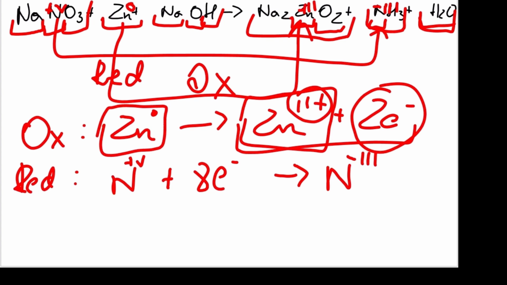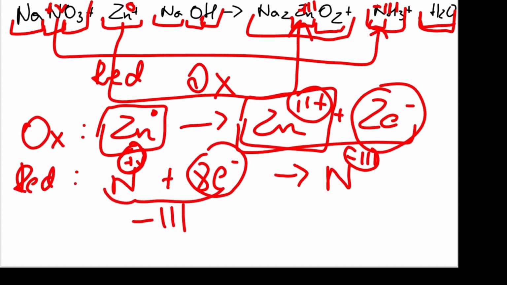So +5 plus -8 gives us -3. On the left side, -3. Here, of course, we have -3. So the charge as well as the matter is balanced very well.